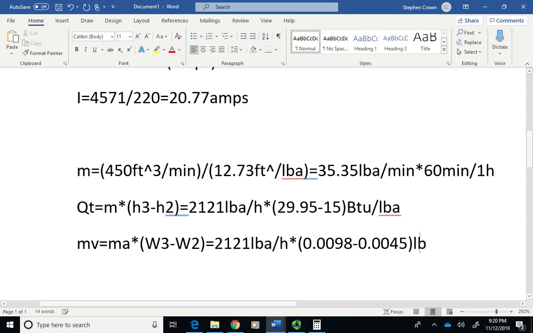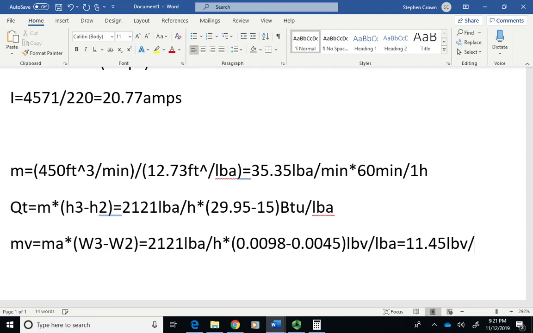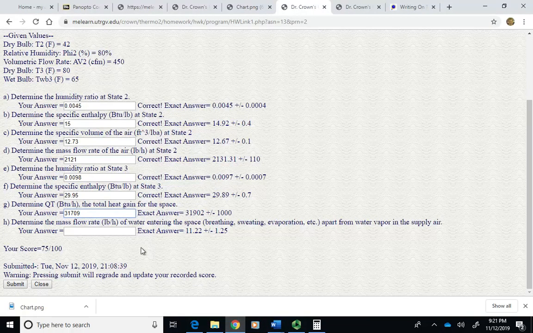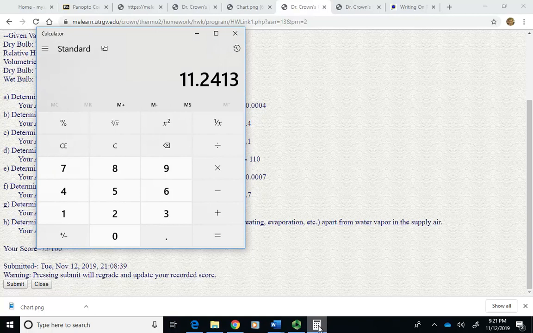So this is pounds of vapor over pounds air. Gives me 11.45 pounds of vapor per hour. Just double check that I did that right. 2.4 rather. Okay.